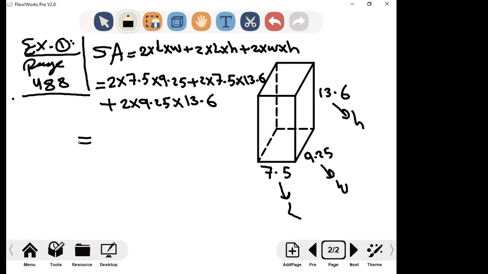Multiply and add, right? I will multiply and add. The answer will be 594.35. What's the unit?